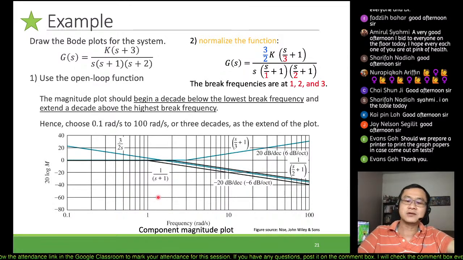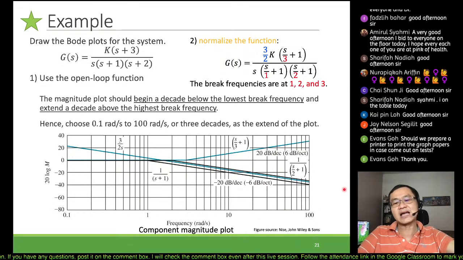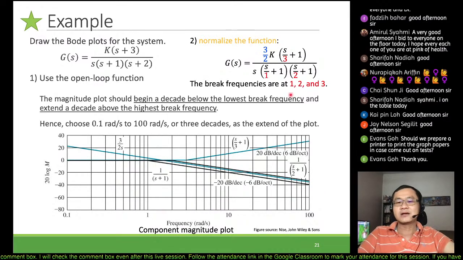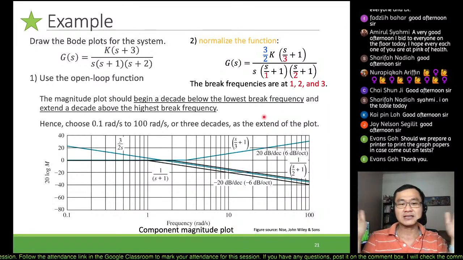So in that case we just take 1 decade before, and 3 decades after would be good enough from this particular break frequency. So we set a so-called range.